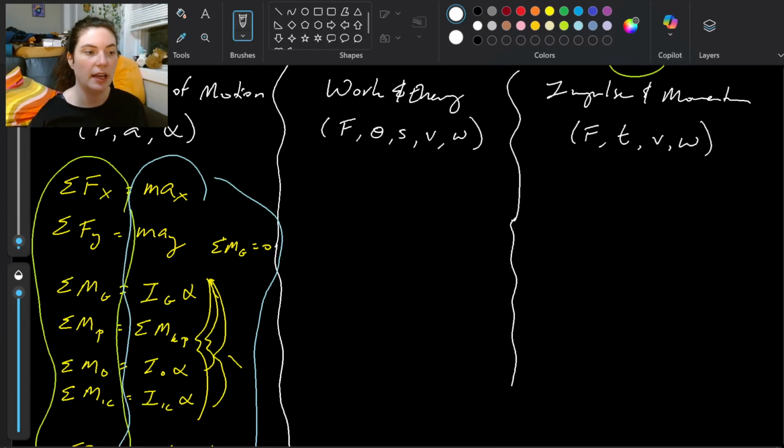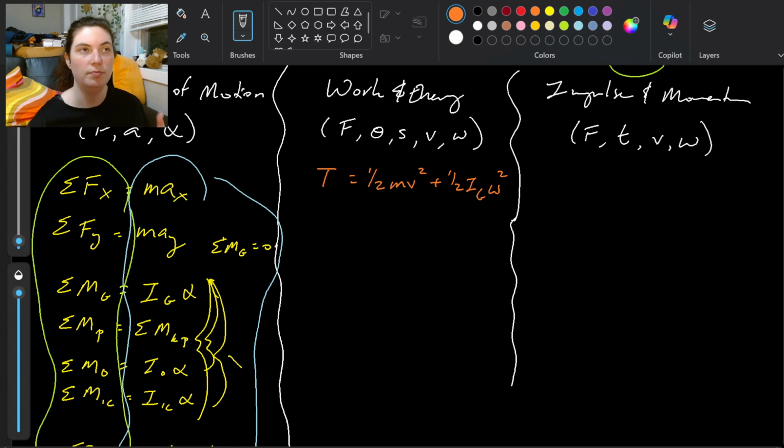Then we also took a look at work and energy. With work and energy, it was very similar to how we treated it as a particle, but our kinetic energy equation changed a little bit, and we did get one new form of work. So our new general kinetic energy equation, T for kinetic energy, is 1/2 mv squared plus 1/2 I_G omega squared.